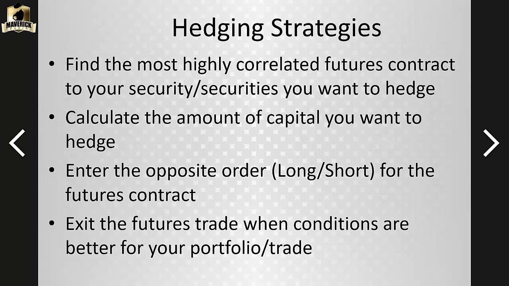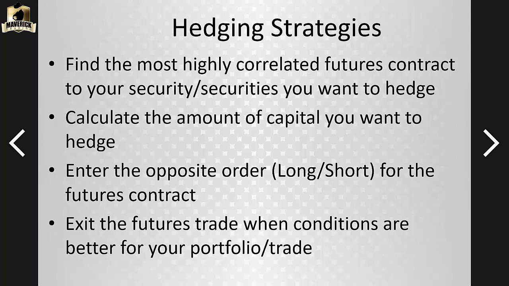Right now, one S&P futures contract, the E-mini, the ES, is worth about $150,000. If you had a $150,000 portfolio of mostly S&P-like stocks, you could simply sell one contract of the ES and basically hedge yourself out.